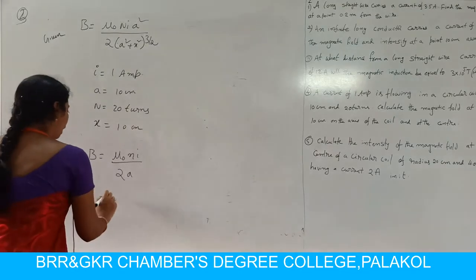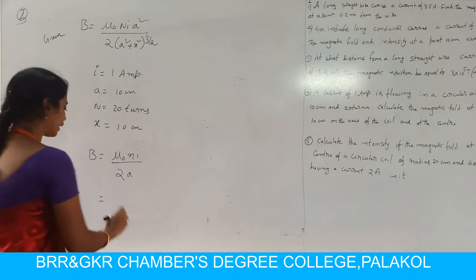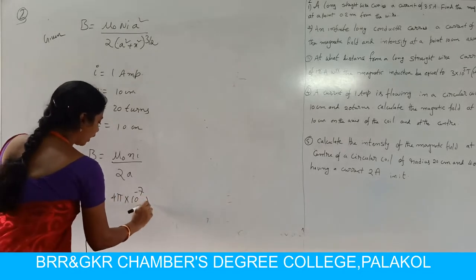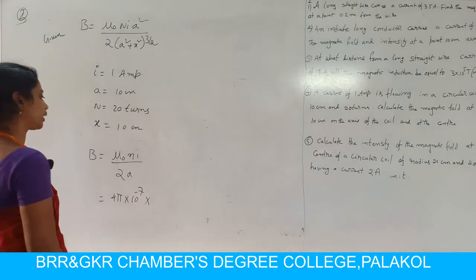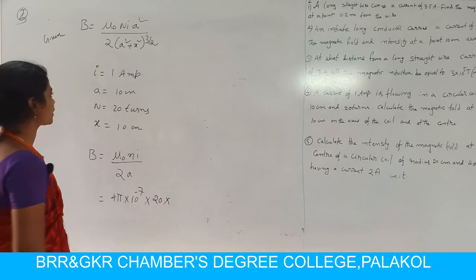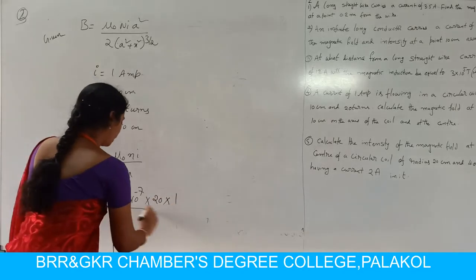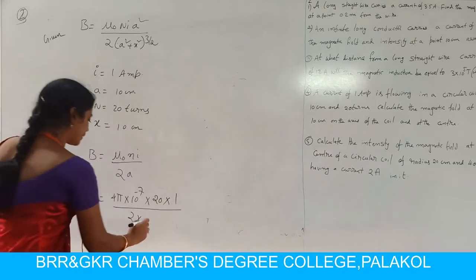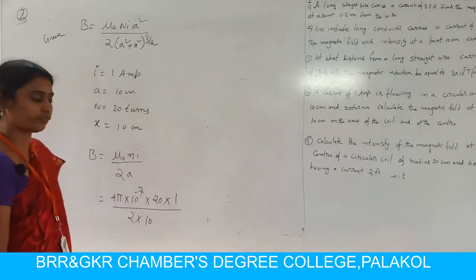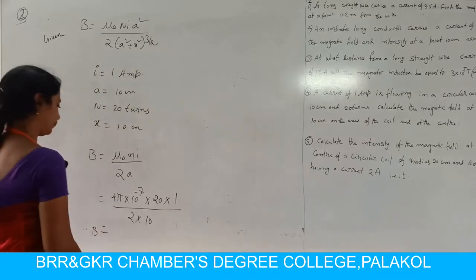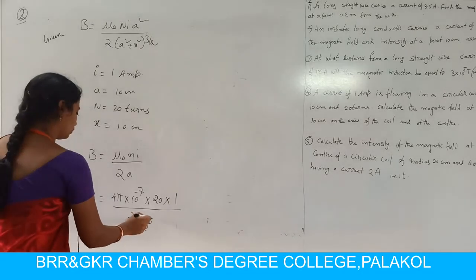Here mu naught we know already, it is 4 pi into 10 to the power of minus 7, and the number of turns is 20, and the current flowing through this conductor is 1 ampere, and also 2 into the radius of the coil, which is 10 centimeters. By cancelling and simplifying, we have the B value.